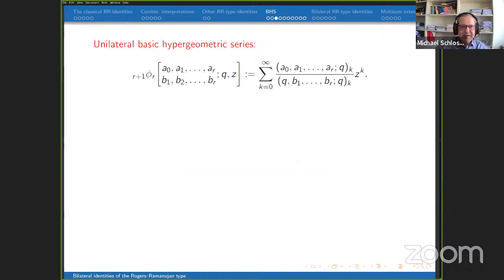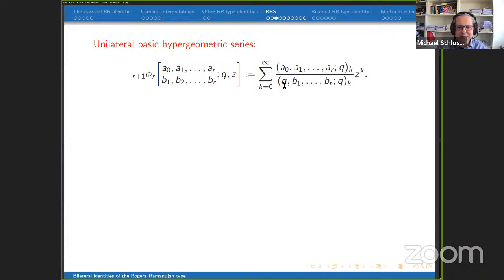Here is what the unilateral basic hypergeometric series is, with r plus 1 upper parameters and r lower parameters. We have the q as one of the lower parameters, which makes the sum naturally terminate from below. And the other, a0 to ar are these upper parameters, b1 to br are the lower parameters.